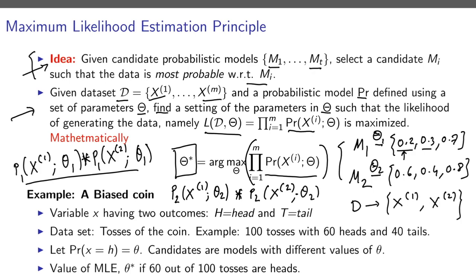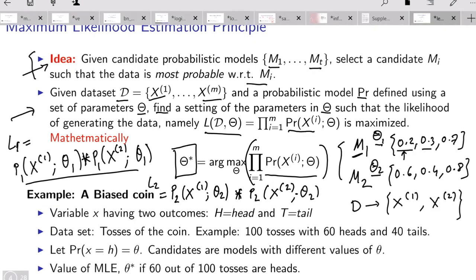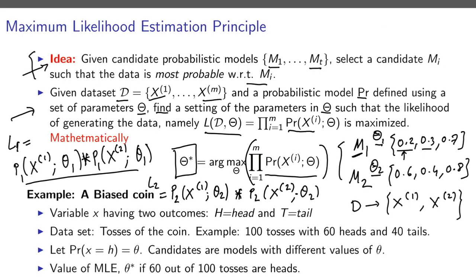So this is the likelihood for model 1, and this one is the likelihood for model 2. Which model will you choose now? You will choose the model that has the highest likelihood. If L1 is greater than L2, then you choose the model M1 according to the maximum likelihood principle. If L2 is greater than L1, then you choose the model M2.